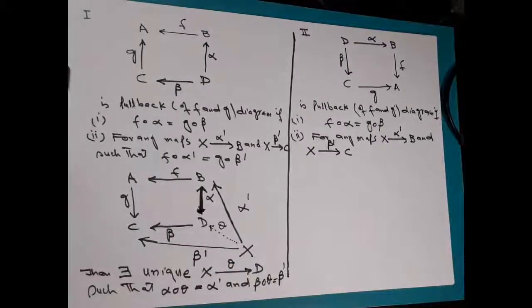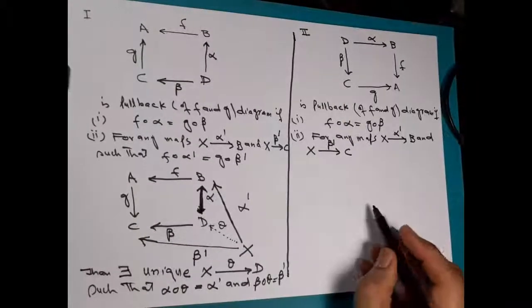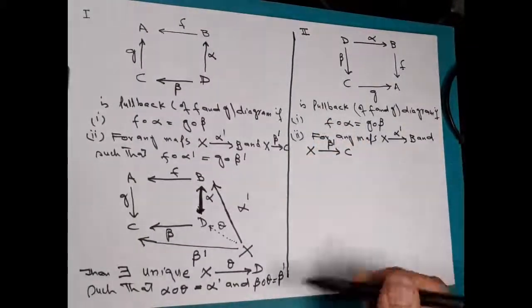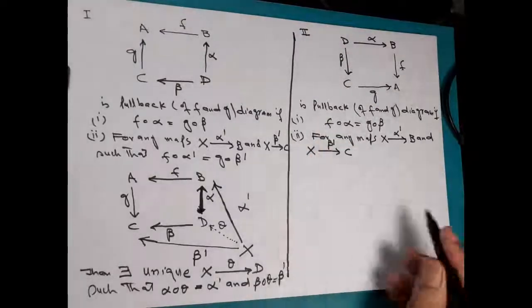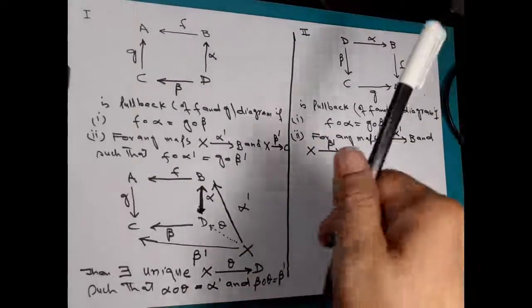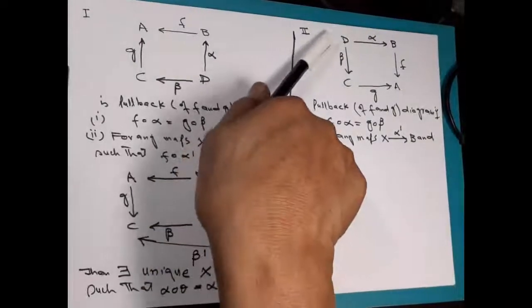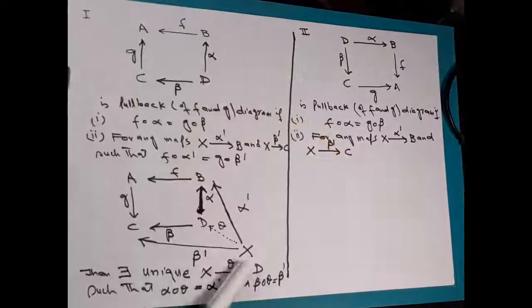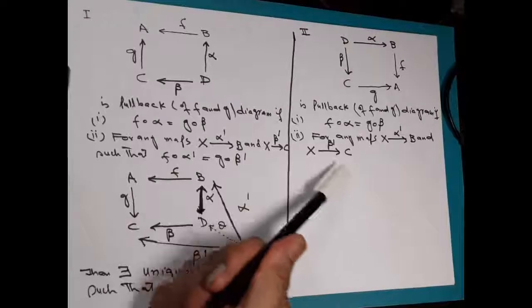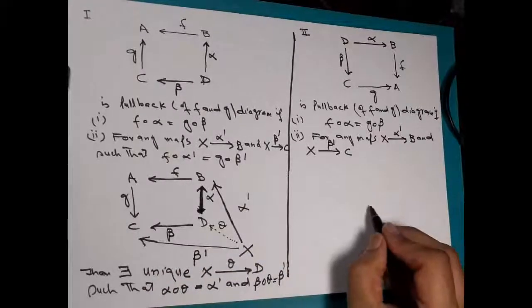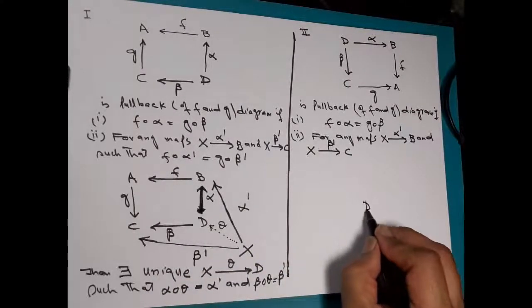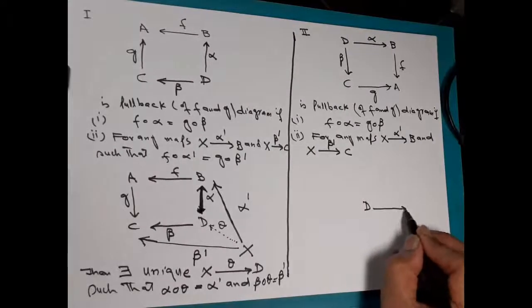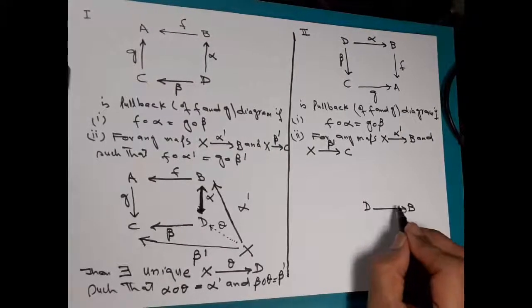Let's draw the diagram. So this is the diagram we have already drawn. Let's take this diagram at this place because our universal arrow is going to be from X into D, so we need space above. So this is D, and then we have map from D to B, which is alpha.